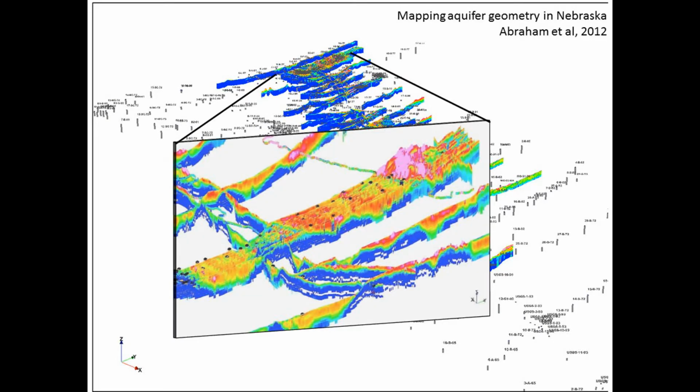They're probably mapping fill on top of bedrock. The bedrock is blue, and then the fill is the reds and oranges. So you can get a good geometry of an aquifer basin there. And this is in Nebraska where obviously water resources is a big issue.